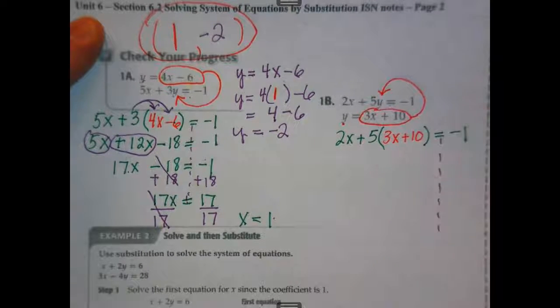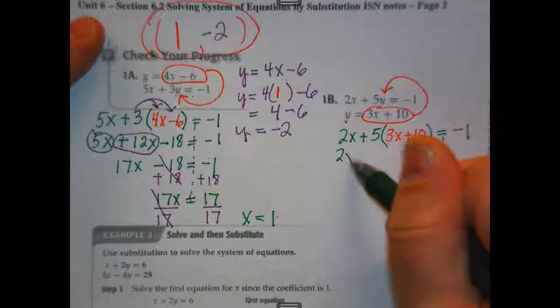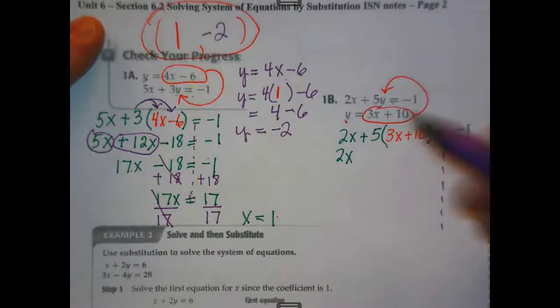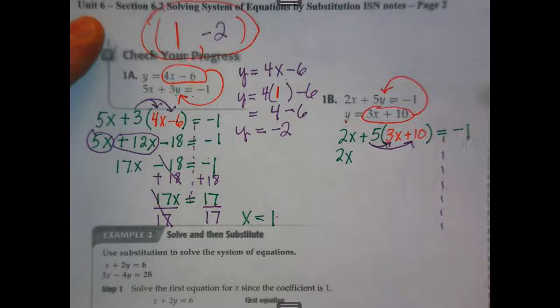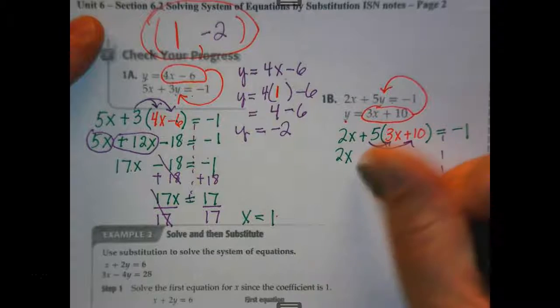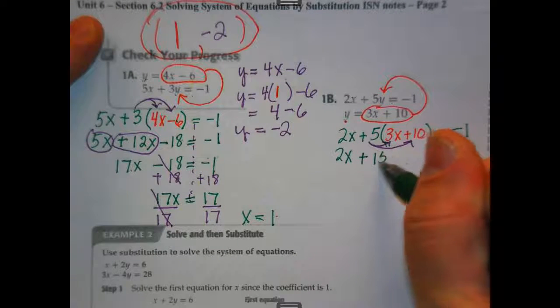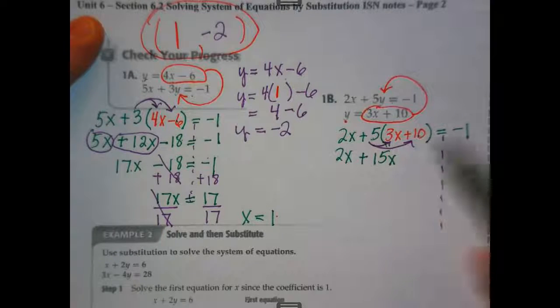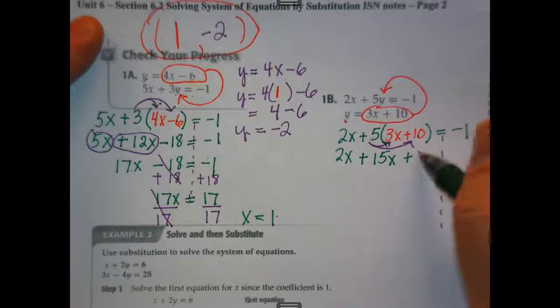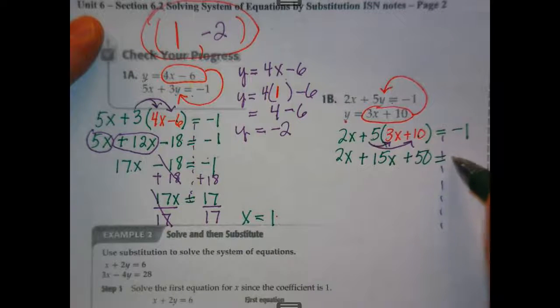I have my 2x. Have to distribute the 5. 5 times 3x, 15x. 5 times 10, plus 50 equals -1.